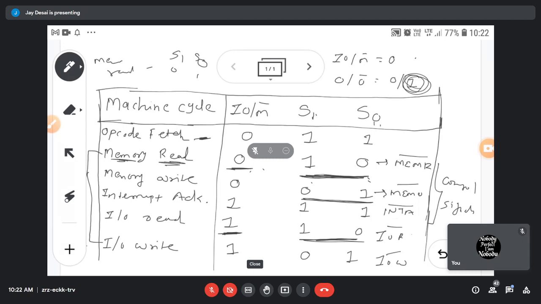The full form of INTR is interrupt request. Okay, now write: it is an active high input pin.